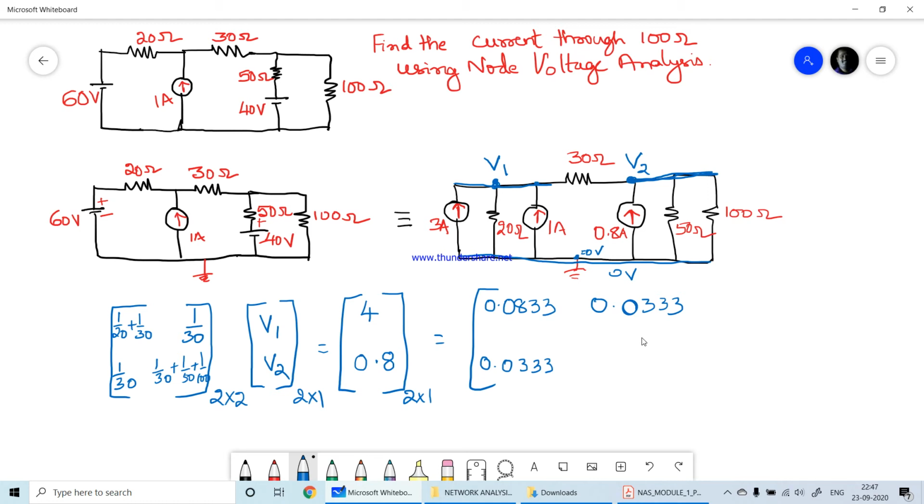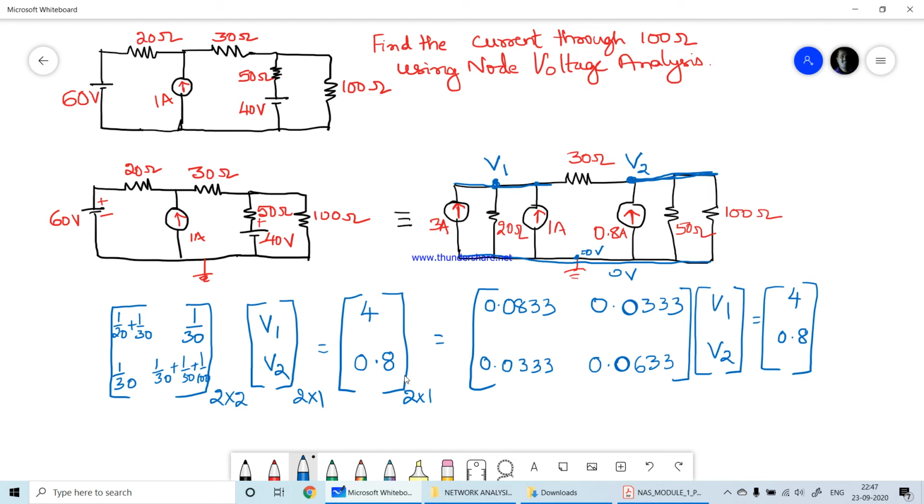So we will get 0.0633, multiplied by V1 and V2, equals 4 and 0.8.